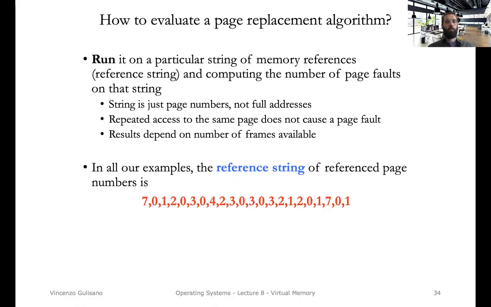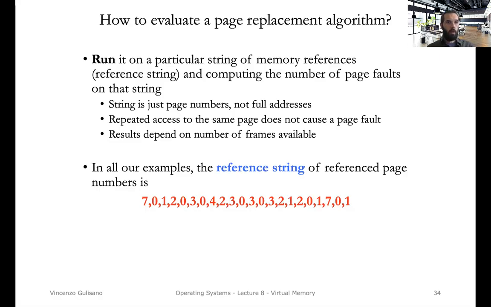Now, we have different page replacement algorithms because, as you can imagine, they have different trade-offs, they have different performance, they have different setups in which they can be better than others. Now, a question that arises here is, how do you evaluate a page replacement algorithm?